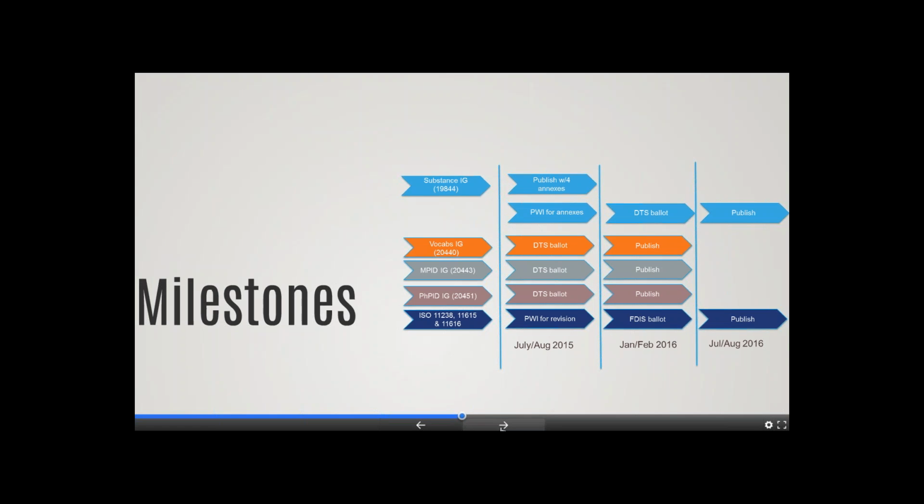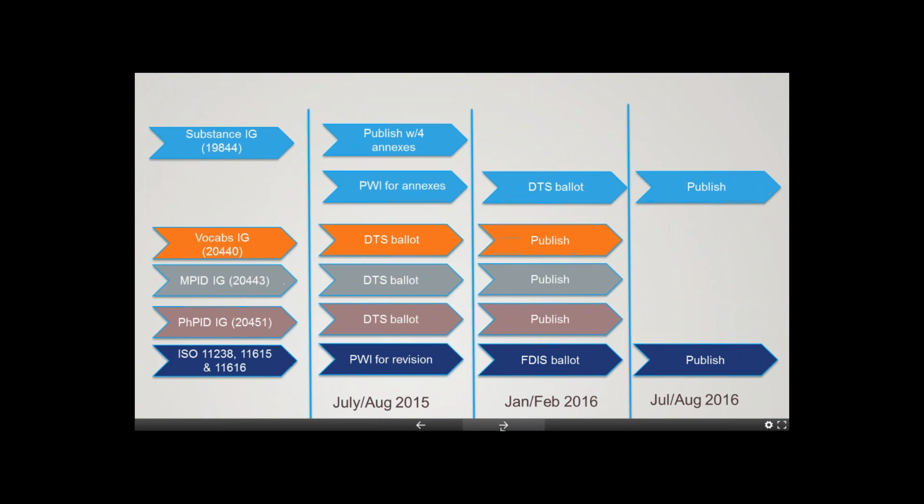Thank you, Christy. So this is the timeline for the creation and publishing of the implementation guidelines of the ISO. There will also be regional guidelines for Europe as well as the US, but these are now the ISO guidelines. So if we start from the top, here we have the substances. They are quite complete already. In fact, they should have been published already, including 4 annexes, but there was an administrative issue, so that didn't happen, or it will happen early 2016.